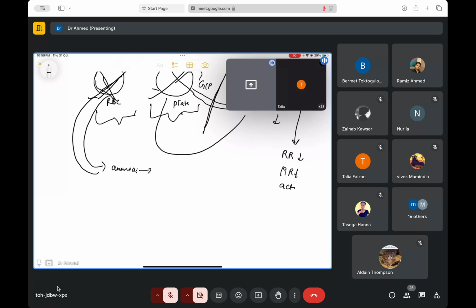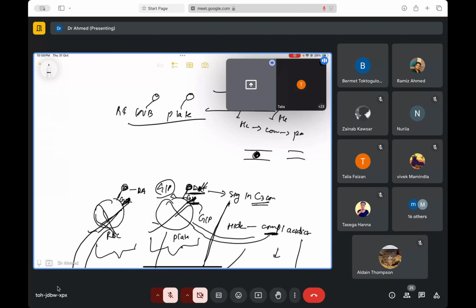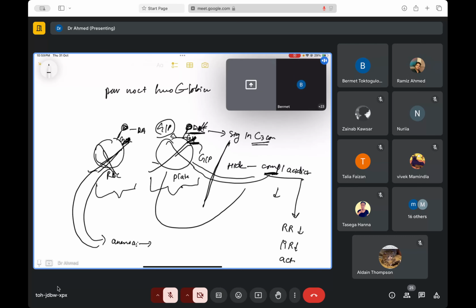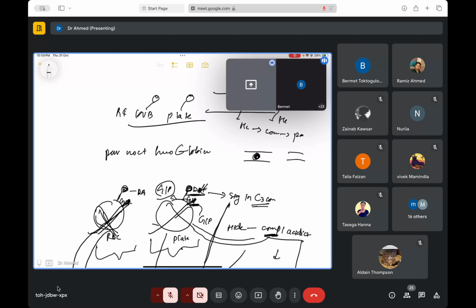So this condition is known as paroxysmal nocturnal hemoglobinuria. At night time, you are seeing activation of the complement system. You do not have DAF, so you are destroying your red blood cells. So in the morning, you will be seeing hemoglobin in your urine, that is dark colored urine.